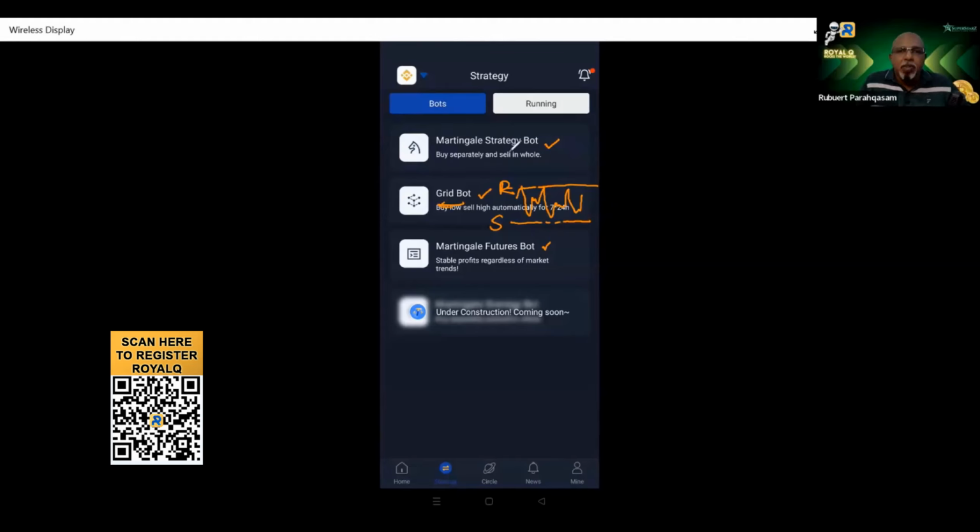Now, when we talk about the Martingale bot, we have the futures bot and we have the spot market bot. This is for spot. We don't go into futures right now. You have to get a little bit more experienced in trading, because in futures you run the risk of losing your assets.